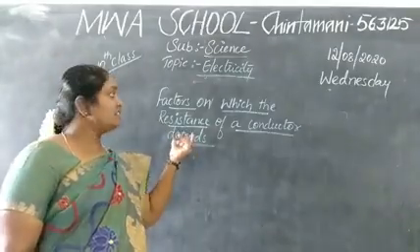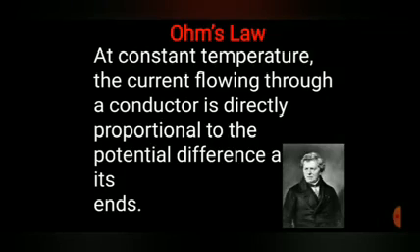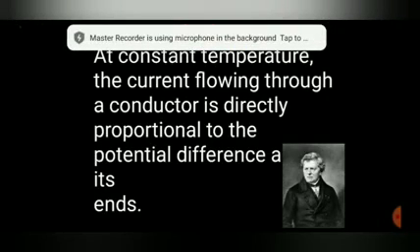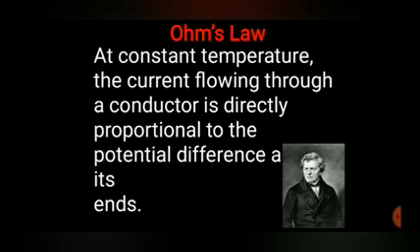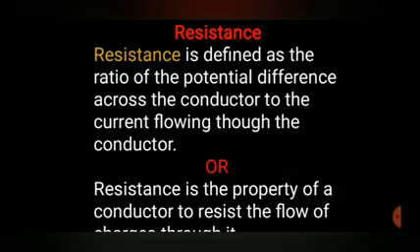Ohm's law: at constant temperature, the current flowing through a conductor is directly proportional to the potential difference at its ends. Mathematical form of Ohm's law: V is equal to R into I, where V is potential difference, I is current, R is resistance.